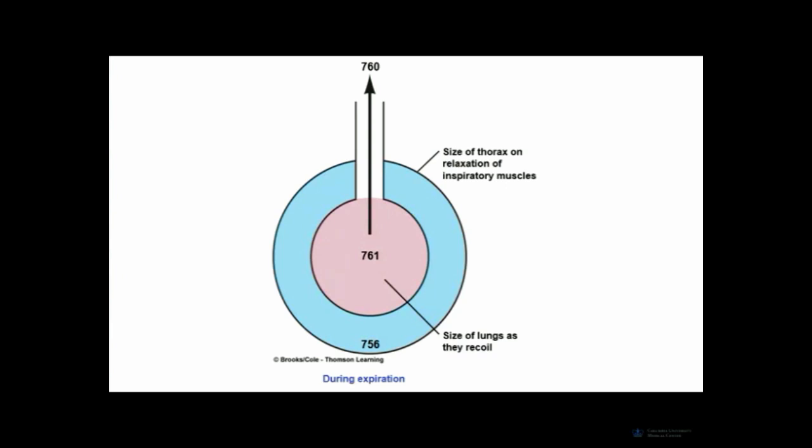So that's restful breathing. Contraction of the diaphragm and the external intercostal muscles. Expansion, air moves in, those muscles relax, the thoracic cavity goes back to the original size, pressure goes up, air moves out. Okay.